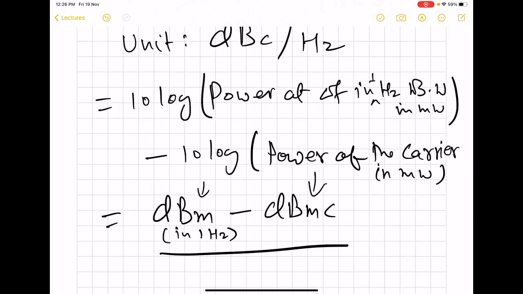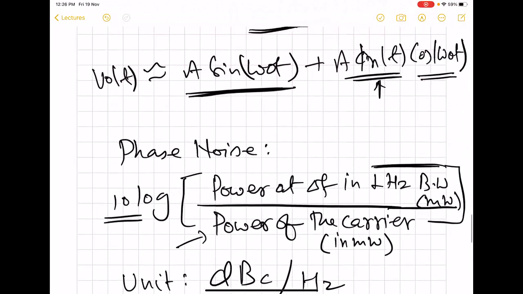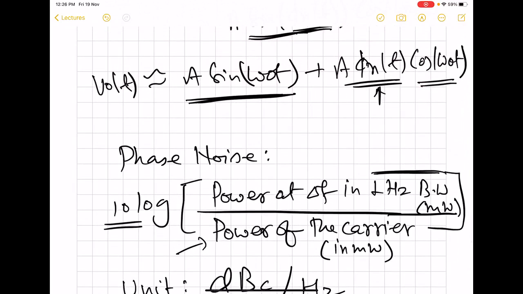So this was about the non-ideality of a periodic waveform, typically sinusoid, in terms of frequency. So here what we have done is that non-idealities have been described in the frequency domain. But the non-idealities can also be talked about in time domain.